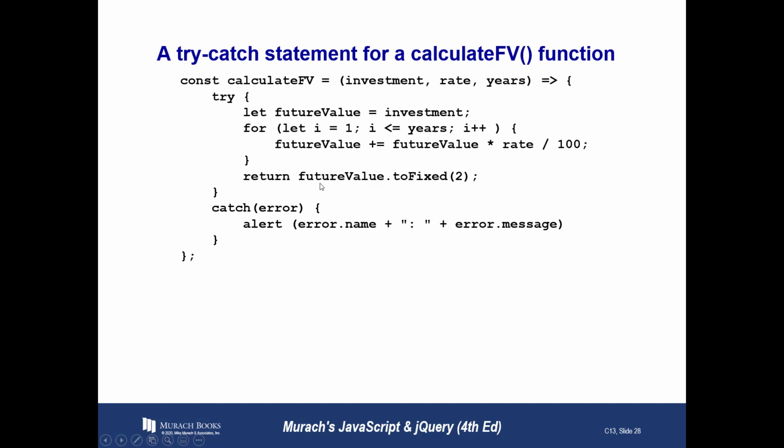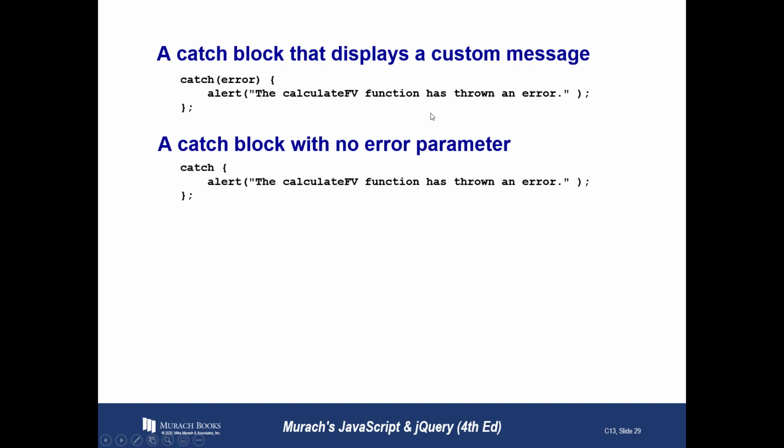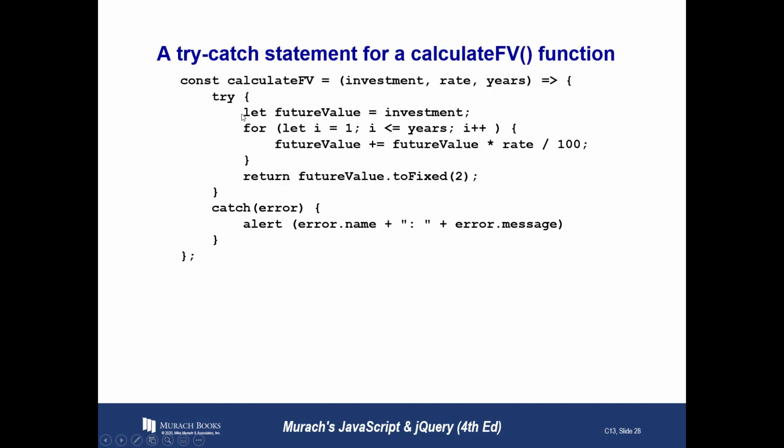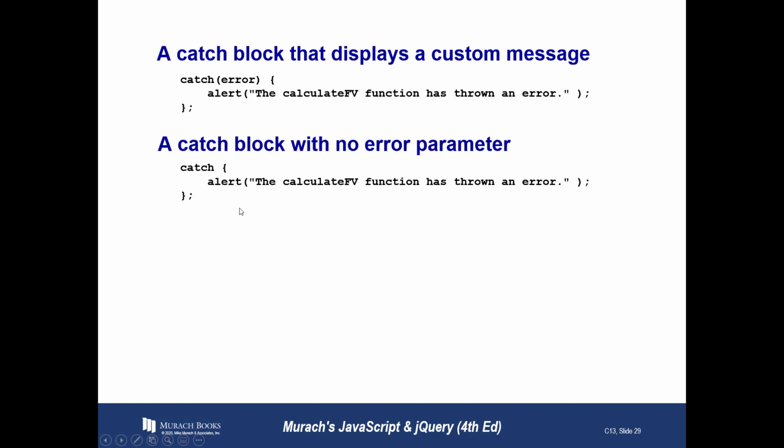So if for some reason the investment that we passed in, or the rate, or the years somehow caused an error, it would handle it and just say this. Now this is about as generic as you can get. This will try to catch any kind of error that there is.